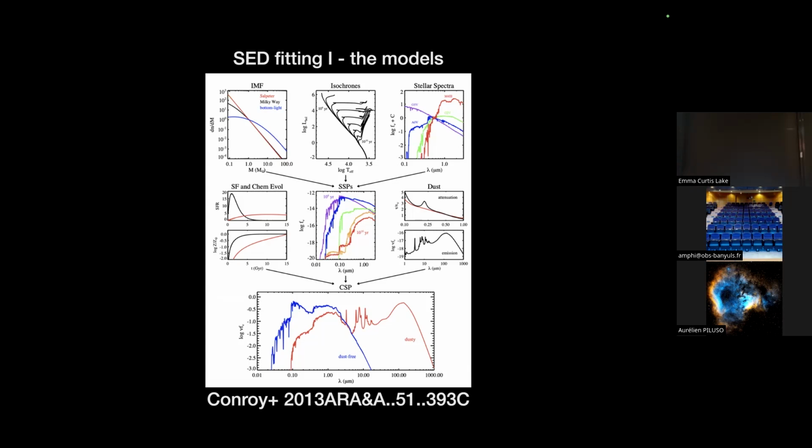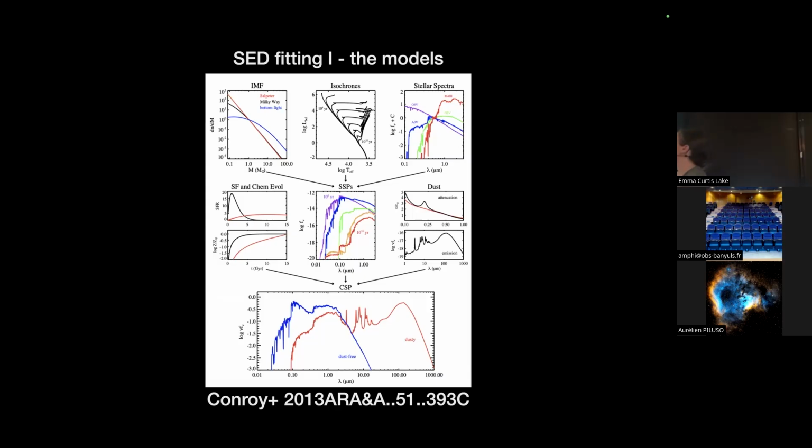And then once you've done that, you have what you think your stars look like for your whole galaxy, and you have to add in your dust attenuation. This is generally done at that latter stage, although there are models that take account of different distributions of dust, some dust in the birth clouds, some dust that's diffused throughout the galaxy, and then you get attenuation and emission. Those are the basic ingredients.